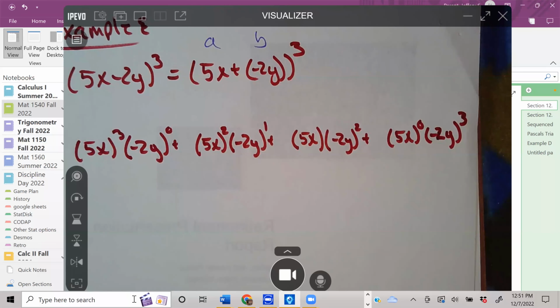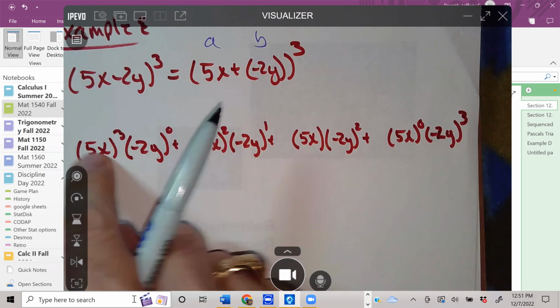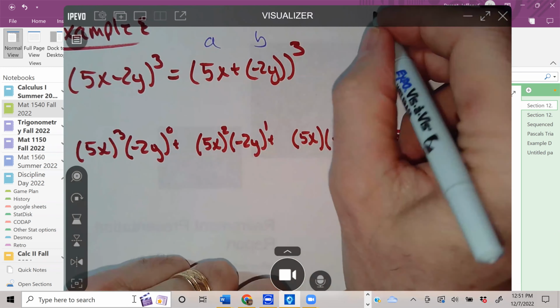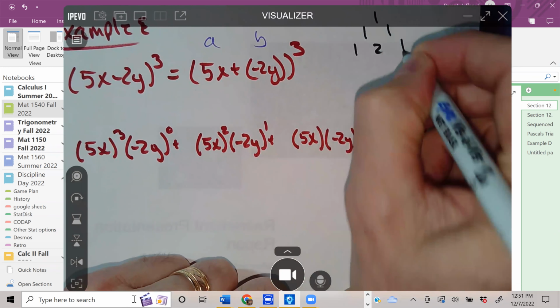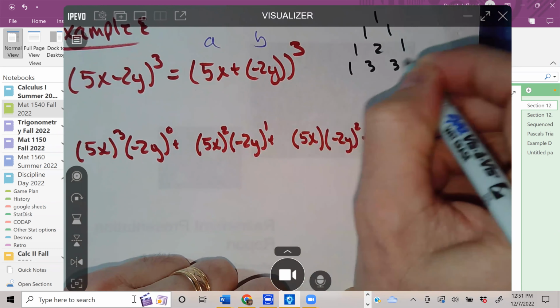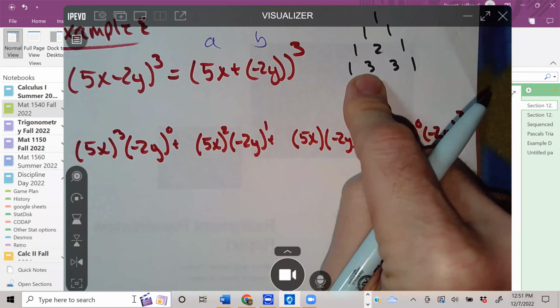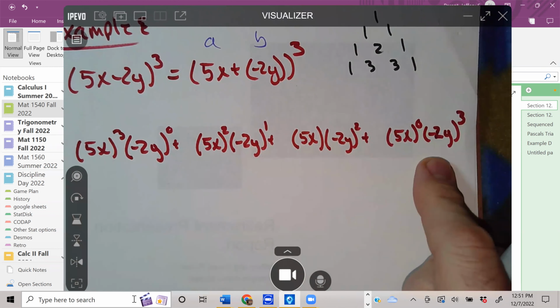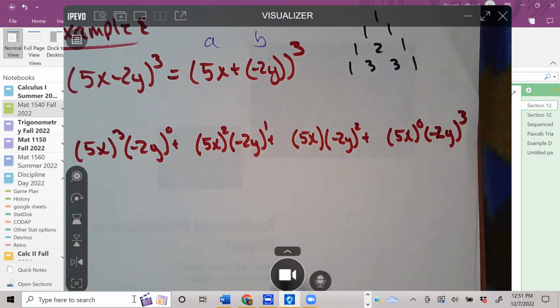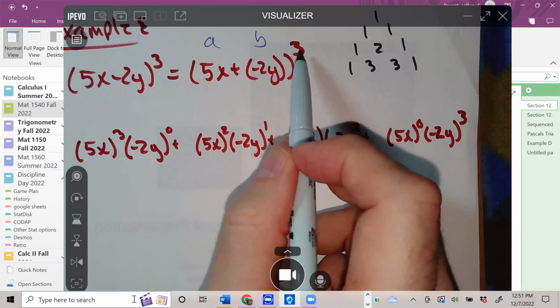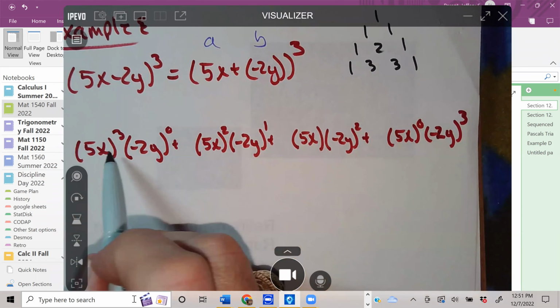Okay. Well, so far so good here, but we got to make sure we remember one important thing, and that is I need to put in the coefficients from Pascal's triangle. So let me replicate that here real quick. 1, 2, 1, 1, 3, 3, 1. So the fourth row is going to go along with this. By the way, if you have something to the third power, you're going to have 4 terms.